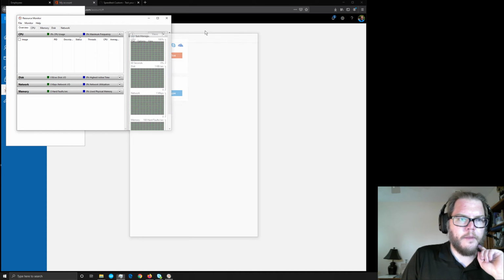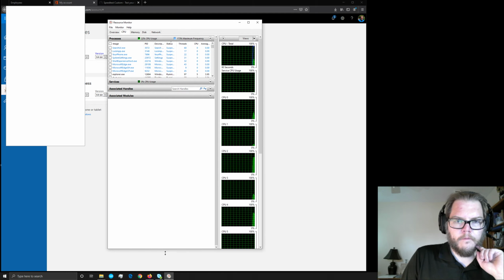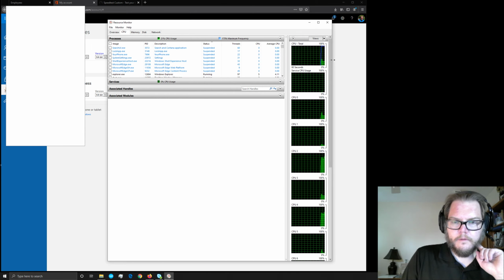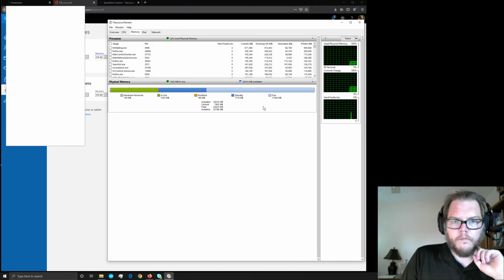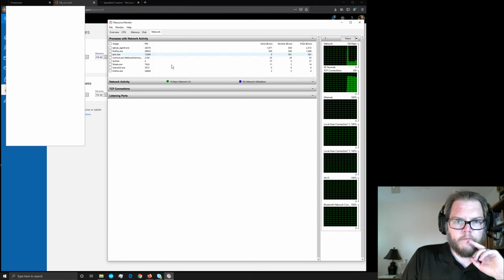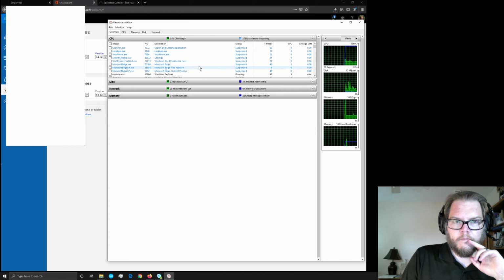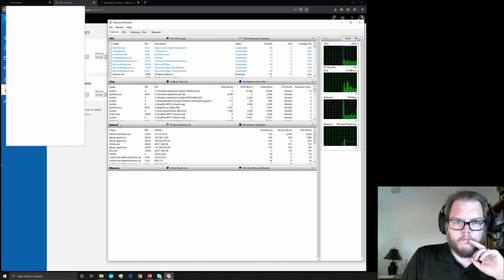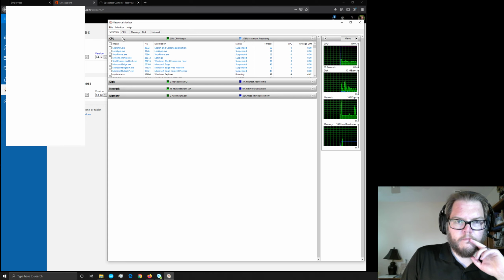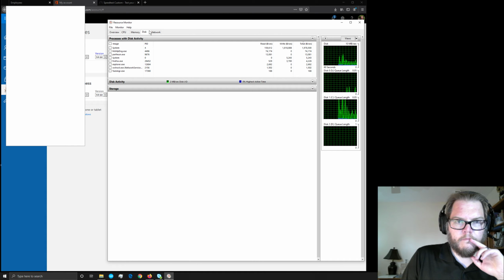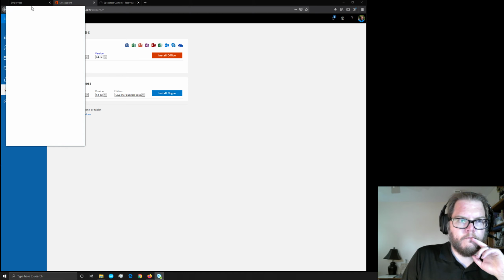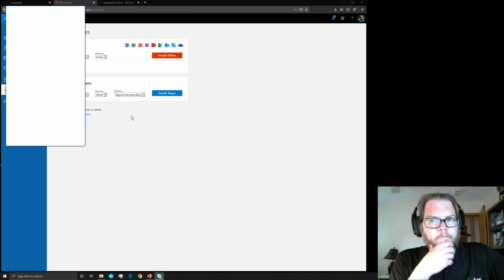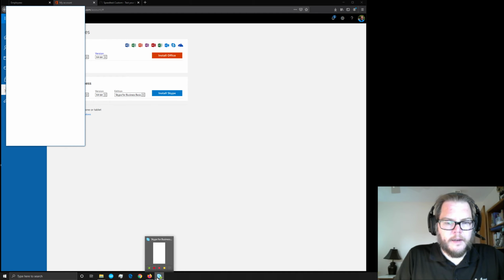I'll just look to see where the bottleneck is. Is it in the computer? No. In theory, it's coming right up.